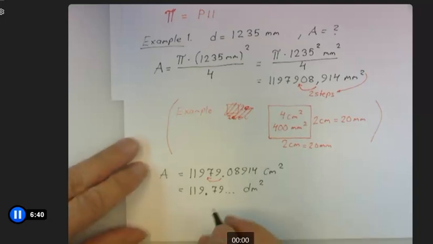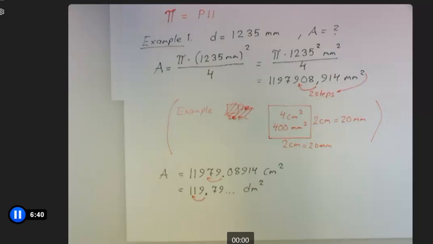And the last one, if we move between those figures there, we get the unit of square meters.